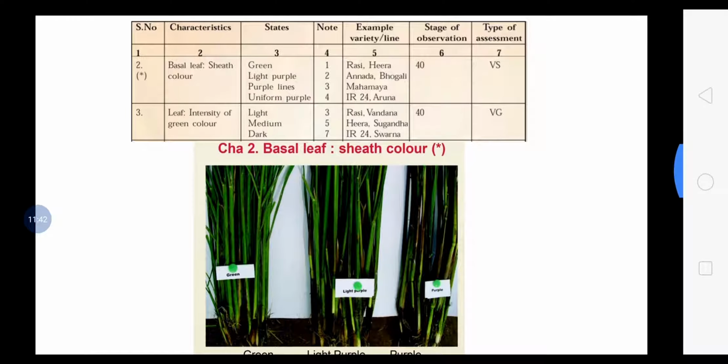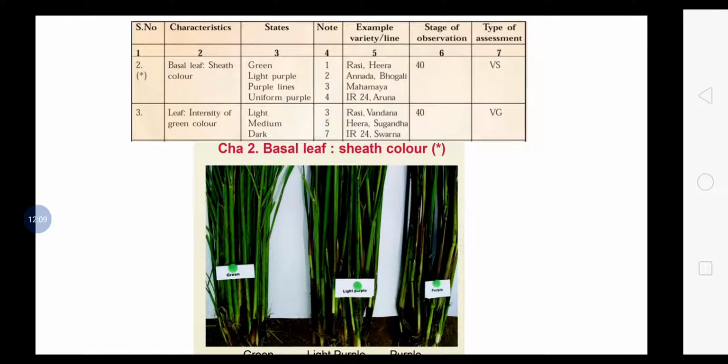The second characteristic is basal leaf sheath color. Basal leaf means the first leaf which is emerging, covering the entire stem, or we can say the outer leaf of each sheath. This character may be green, light purple, purple lines or uniform purple.